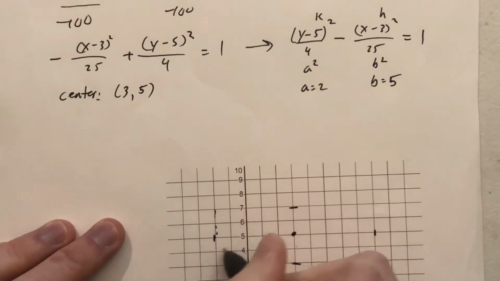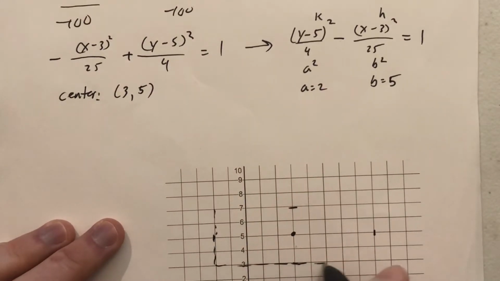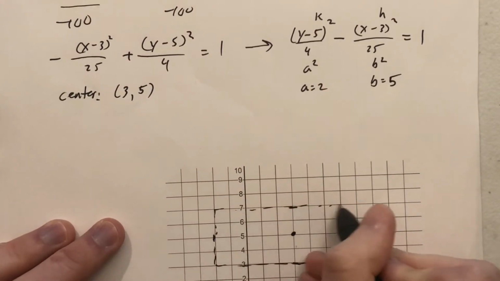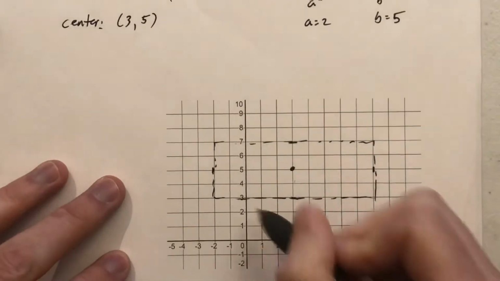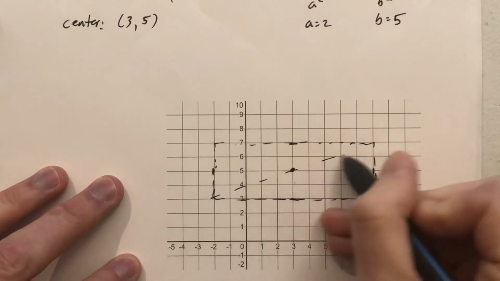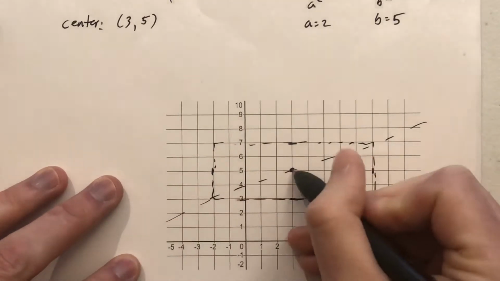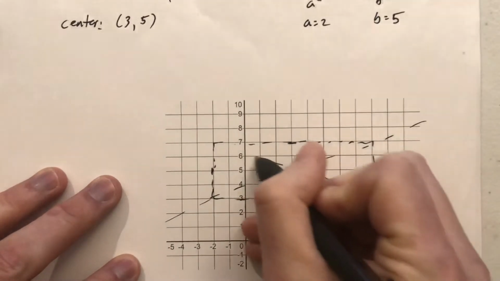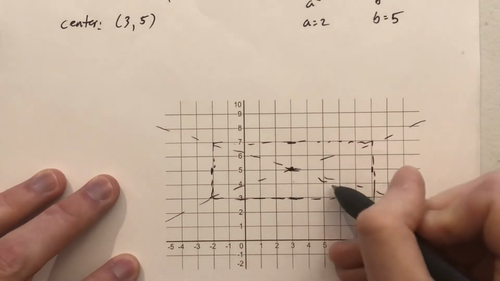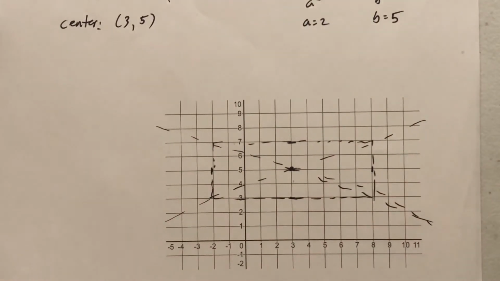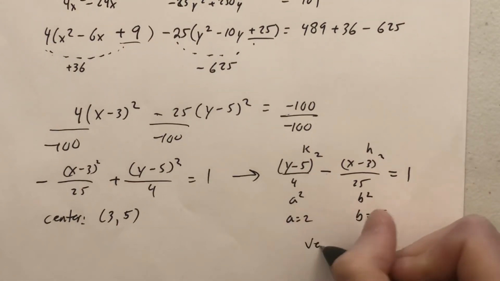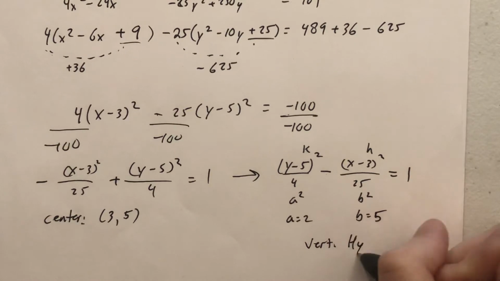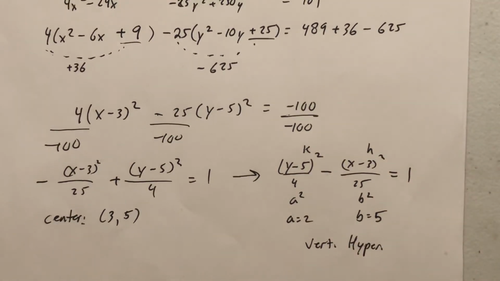Now let's use those dimensions to draw our central rectangle and connect for our asymptotes. Kind of missed that corner there a little bit. Okay. And so with our asymptotes, we come back up here and again we say with this y term coming first, we expect this to be a vertical hyperbola.